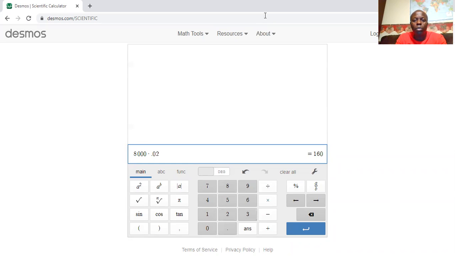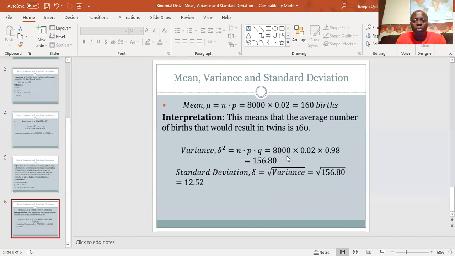So that is exactly what we have on my PowerPoint. See, 160 pets. So this means that on average, 160 pets will result in twins.